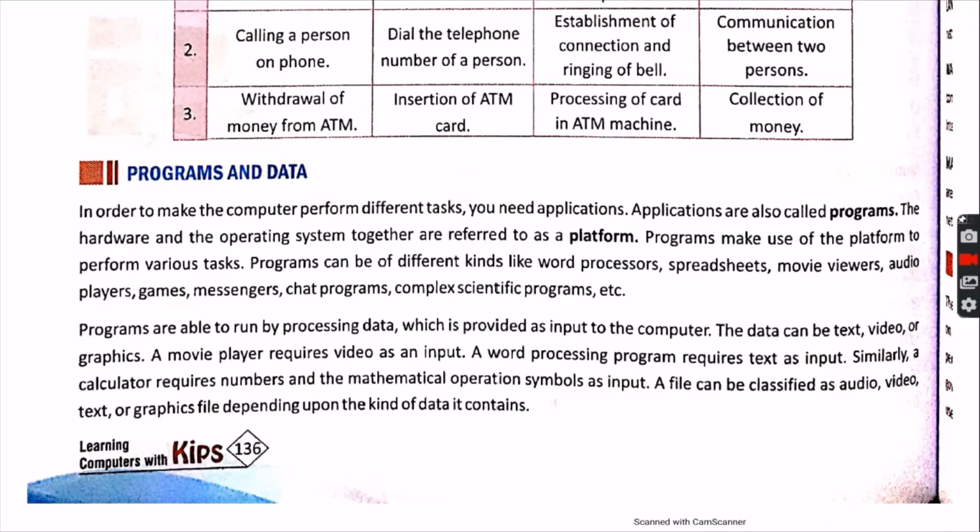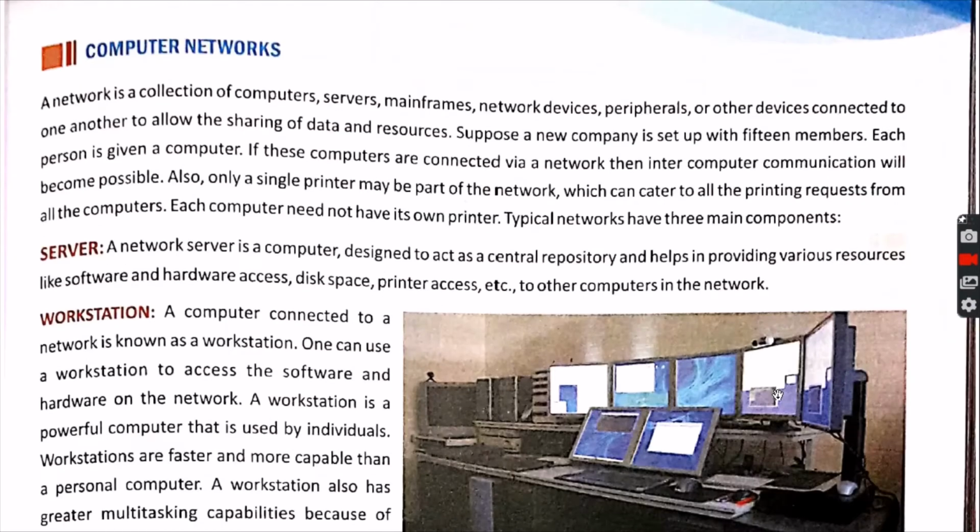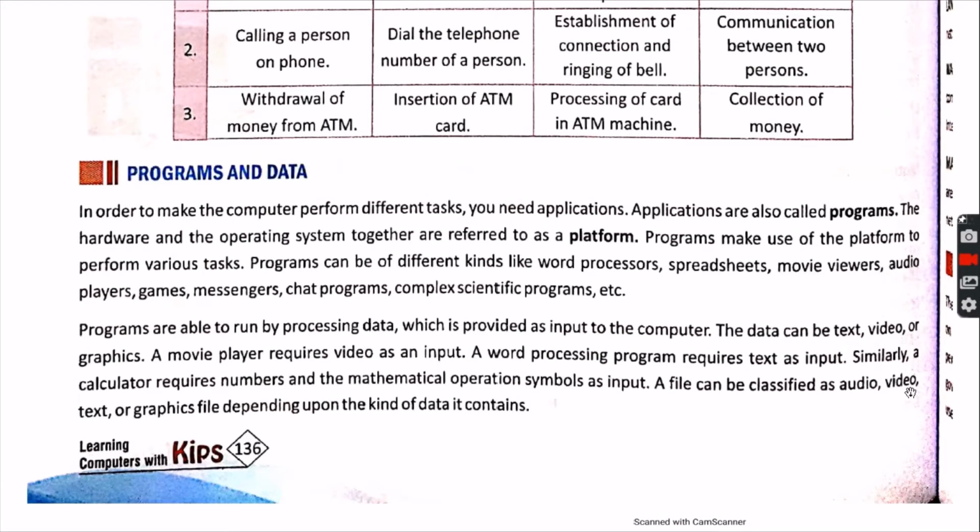So these are called data. So these data are different, so the files are also different. It means data and files are interrelated, so a file can be classified. So we can say that a file may be an audio file, a video file, a text file, or a graphics file. So this depends upon what kind of data it contains.